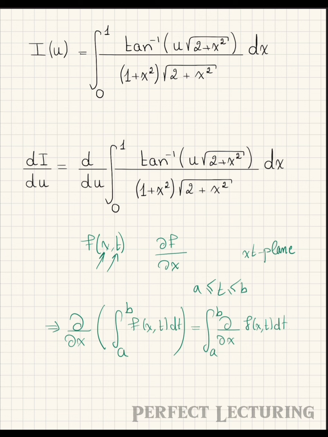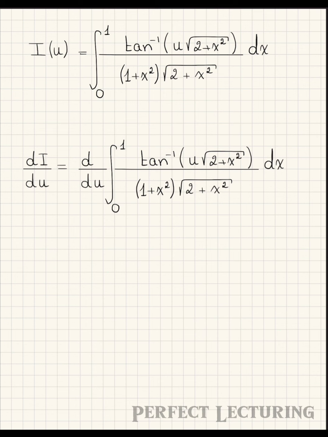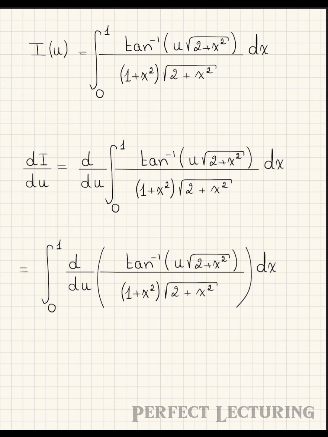So in this case, we are able to interchange the differential operator and our integral. These conditions are satisfied in our integral, which means we can interchange the integral sign and the differential operator.